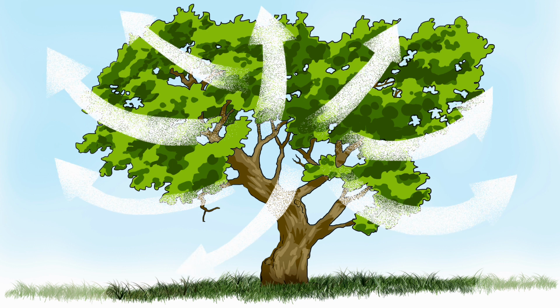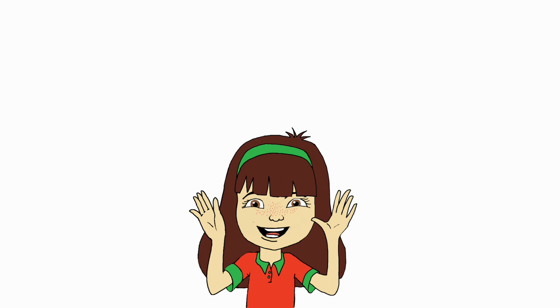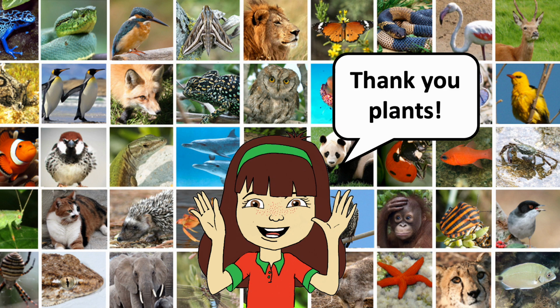They make oxygen. Have you ever heard this word? Oxygen is the nice fresh air that we breathe. We all need oxygen to stay alive, and not just people. All animals need oxygen. So thank you, plants, for all the oxygen.